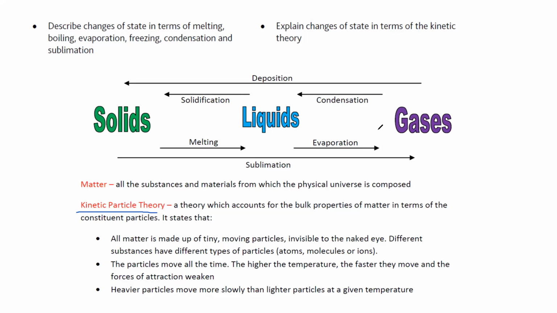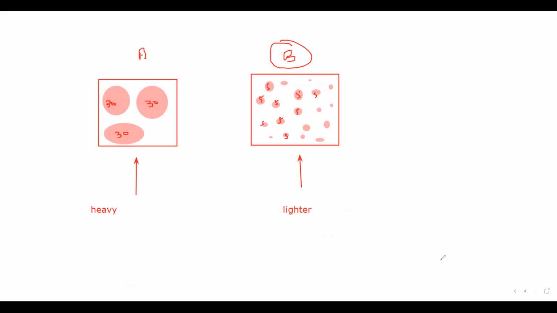Then how can we find the mass of the particle? Like how will you know which particle is heavy and which particle is lighter. So for that purpose, for example, if I say I have two gases, carbon dioxide CO2 and ammonia NH3.